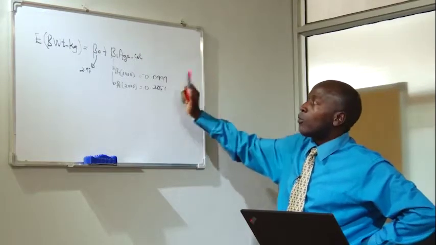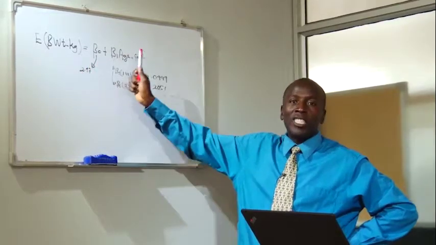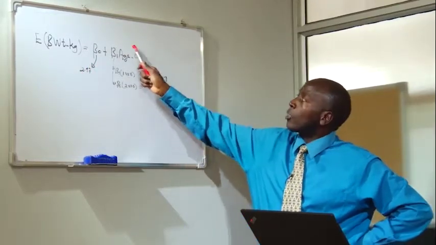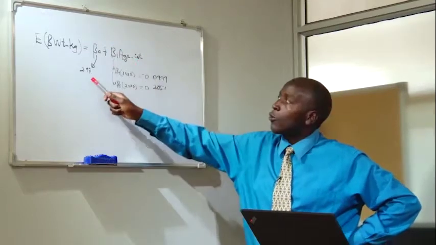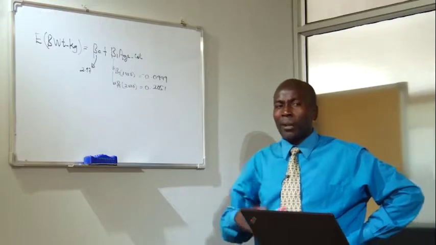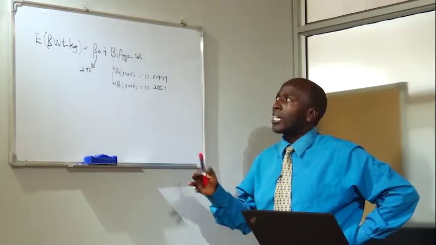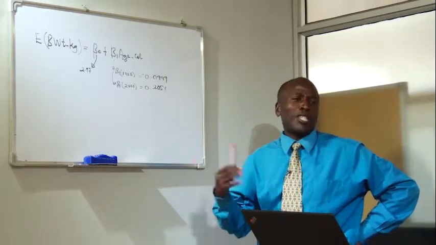So the average weight of a baby born to a mother aged 14 to 19, when this category is 0, is 2.97 kilograms. Don't just interpret these things mathematically and say 2.97 is the intercept.